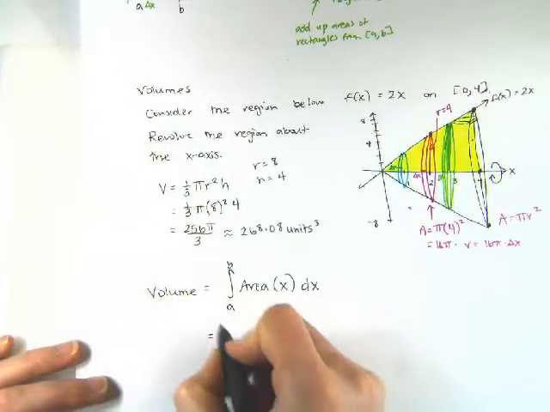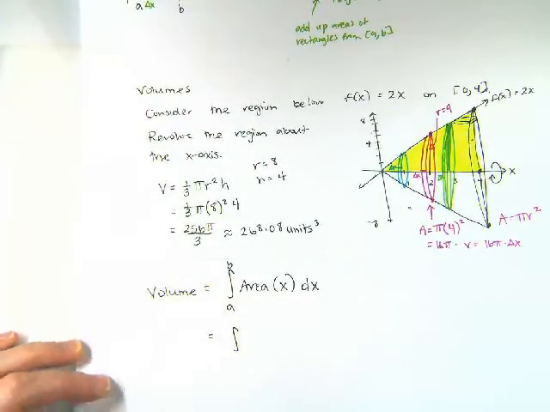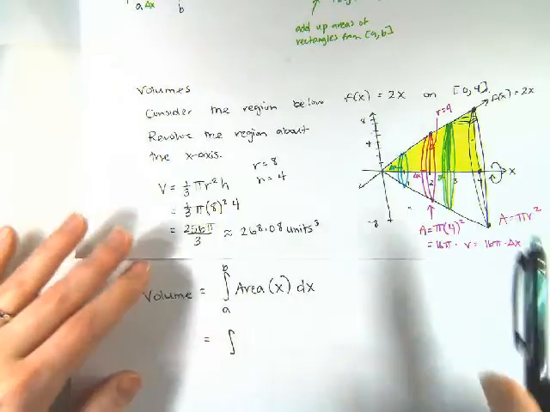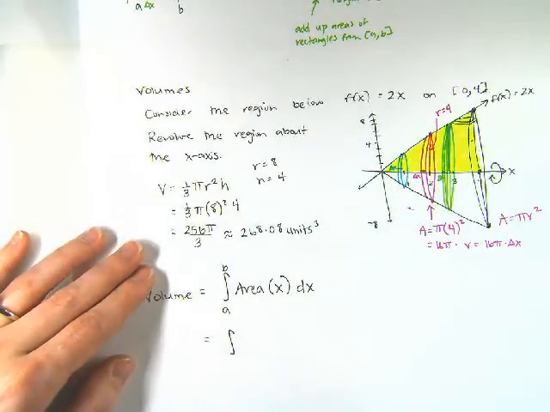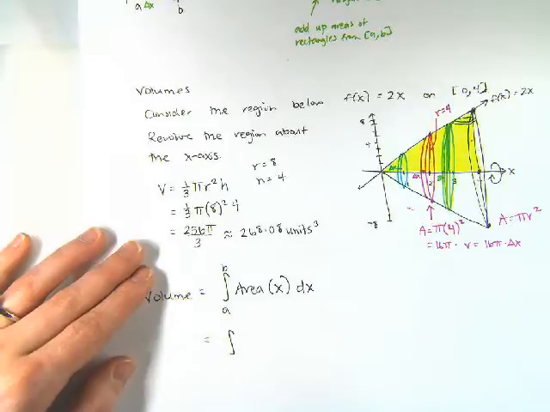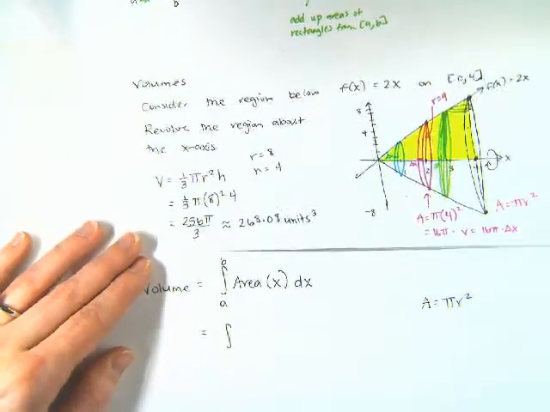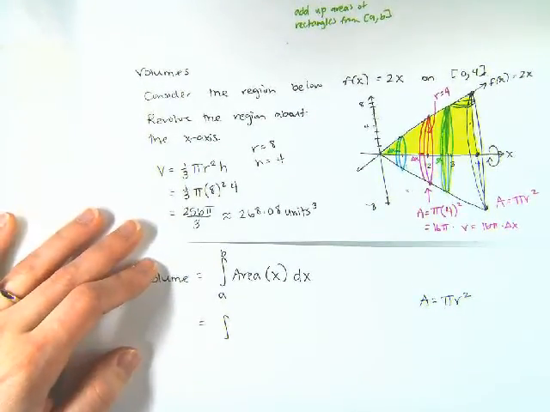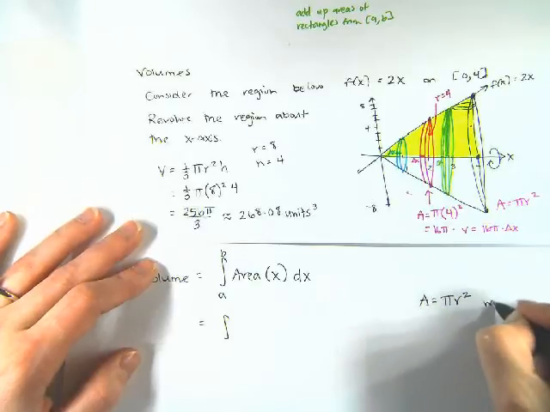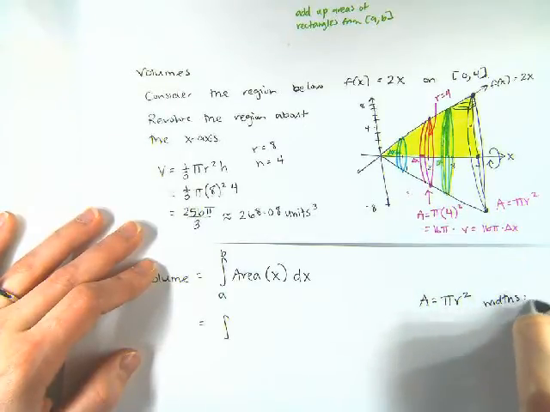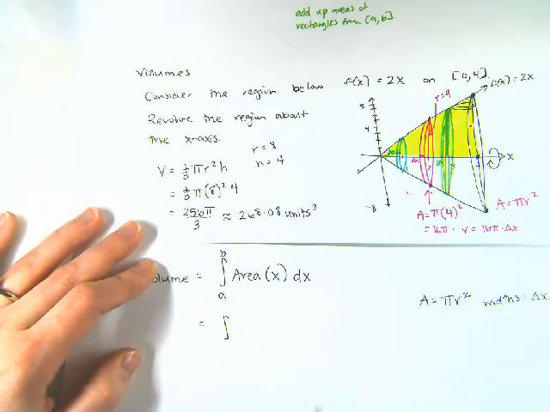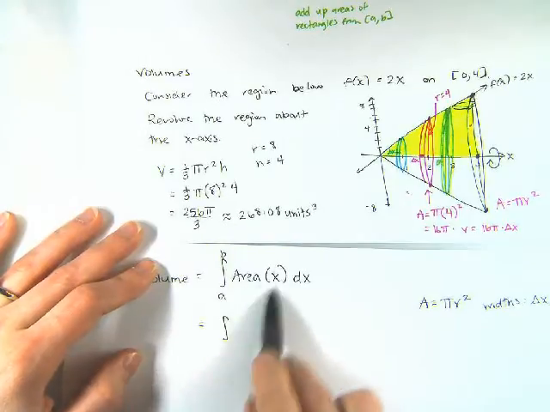So I need to figure out then, wherever I put my slice, what's the area of that slice? Because this got revolved, my area is going to be pi r squared, anywhere I go. But because all the widths are some delta x, then I'd have to integrate with respect to x.